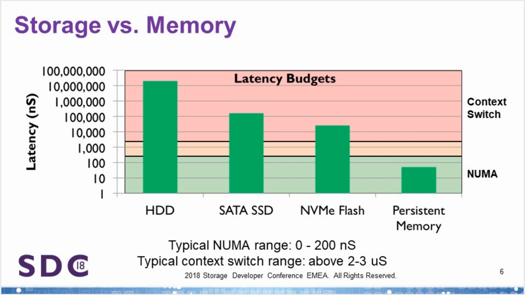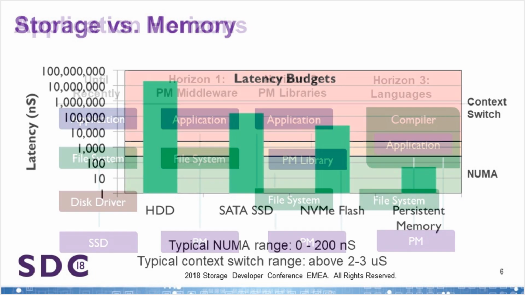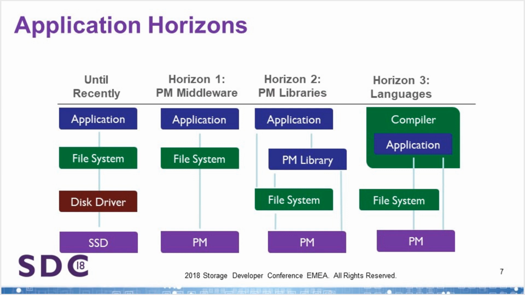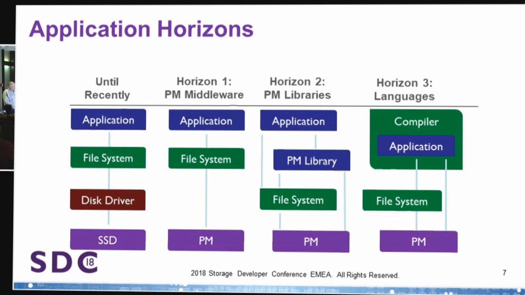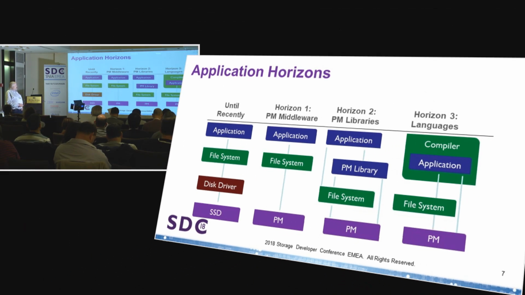Instead of DRAM, volatile memory. Until recently, this was the typical stack, right? Application, file system, maybe a block driver, disk driver, SSD. And there are various ways of doing this on the horizon where you basically get rid of this driver and you have essentially a memory mapped file system, except the memory is now your storage as well. So is there even a reason necessarily to send it out to other tiers until it gets colder?